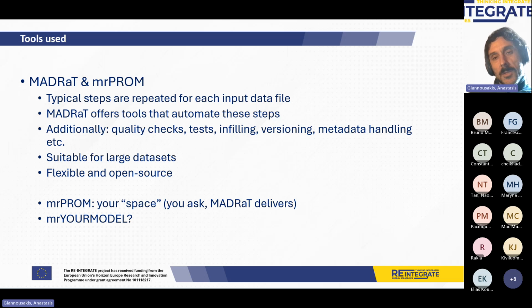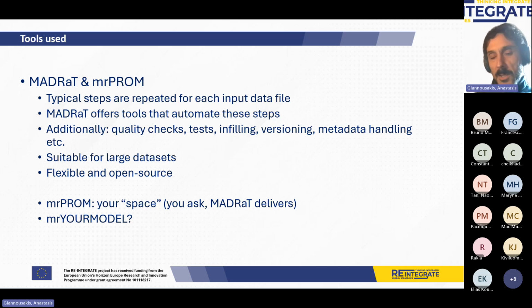How this works is that it has been observed that when working with input data, there are typical steps in preparing datasets for models that are repeated for each dataset.